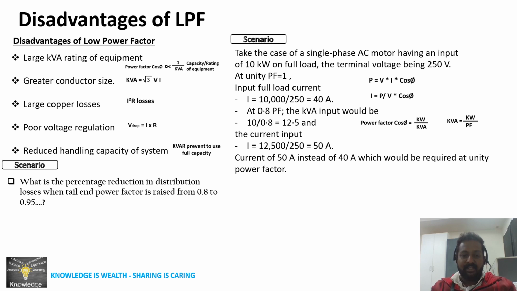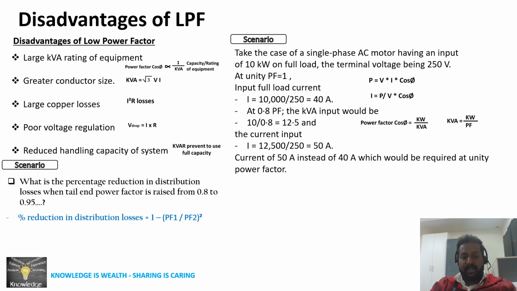What if you improve the power factor from 0.8 to 0.95 at your end stage? So what is the distribution loss we can save? Percentage distribution losses is equal to 100 times 1 minus power factor 1 divided by power factor 2, whole square. Power factor 1 is 0.8 earlier.